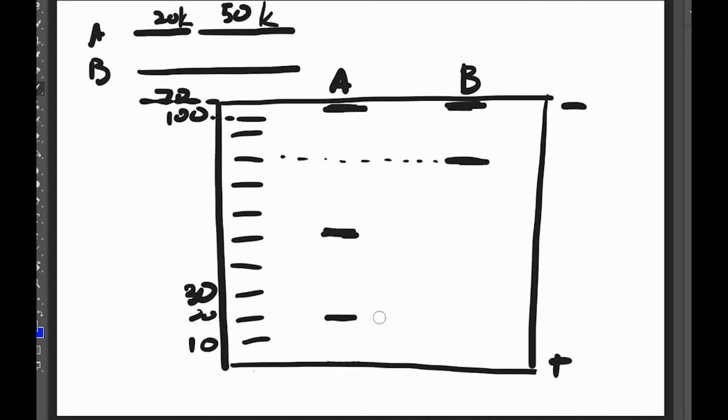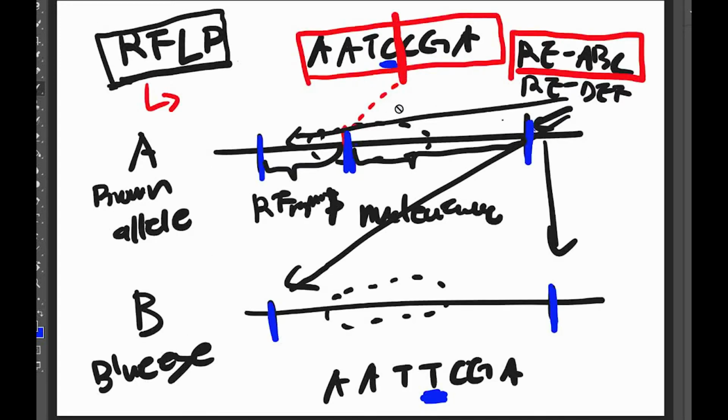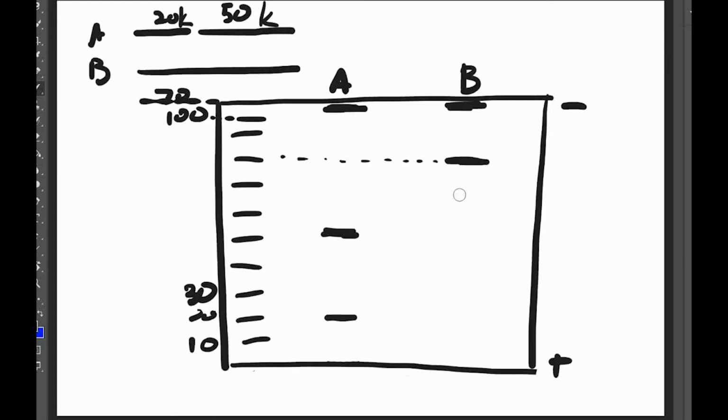Usually we know that a restriction enzyme will bind at a specific spot. For example, restriction enzyme ABC will bind to the nucleotide sequence AATCCGA, which we know is on the allele coding for the eye color.